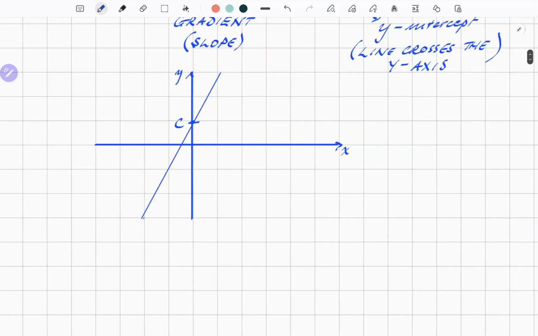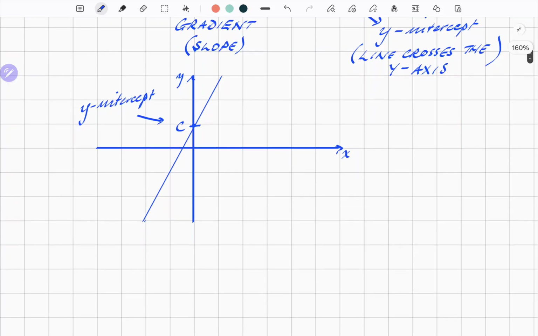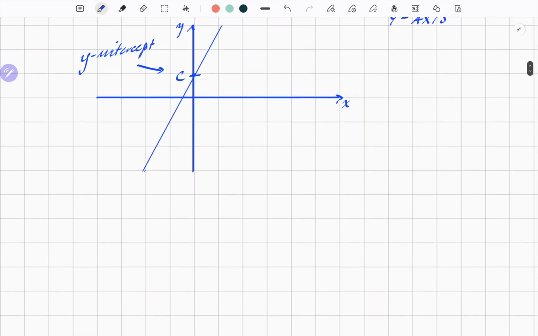So that's your y-intercept. And the gradient is how steep that line is.